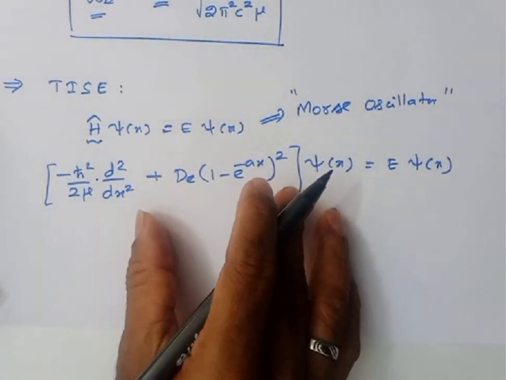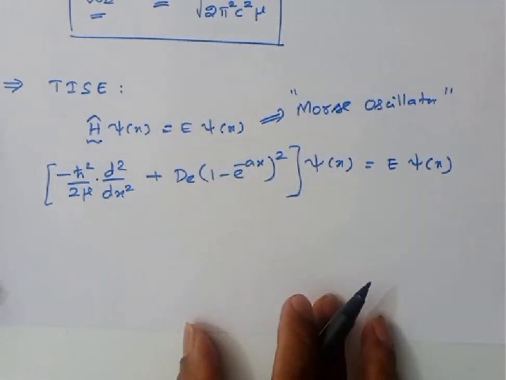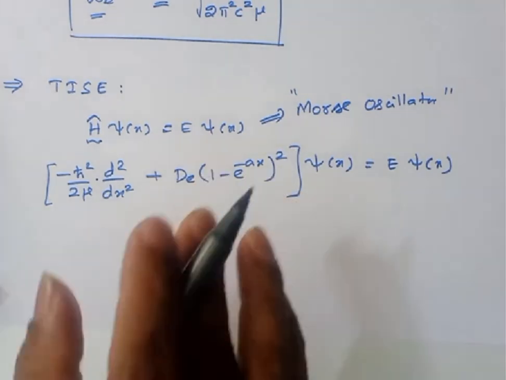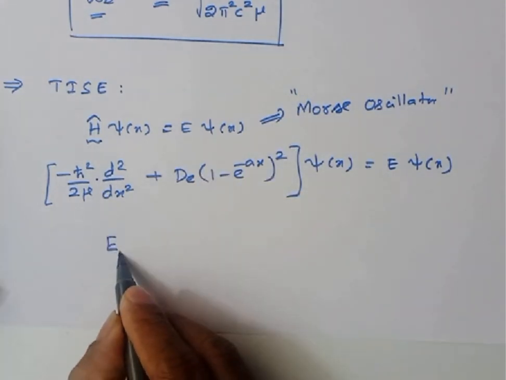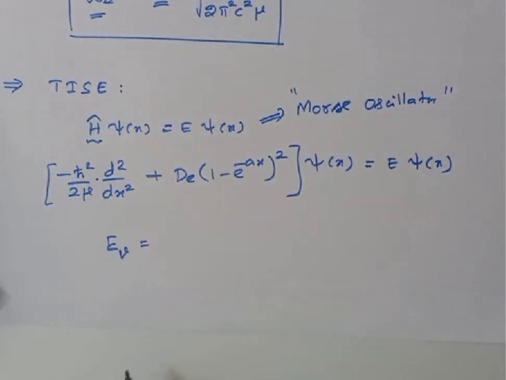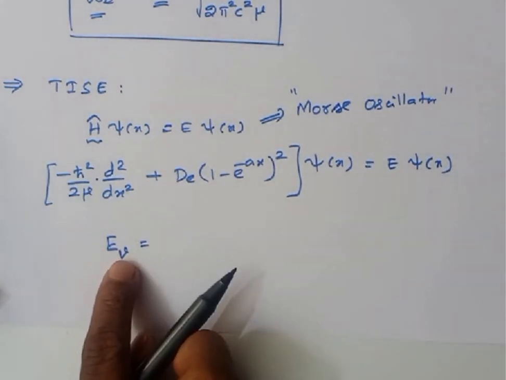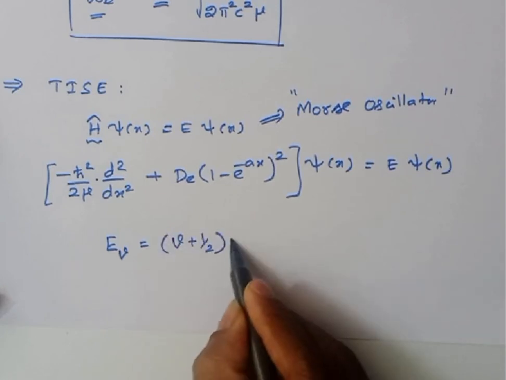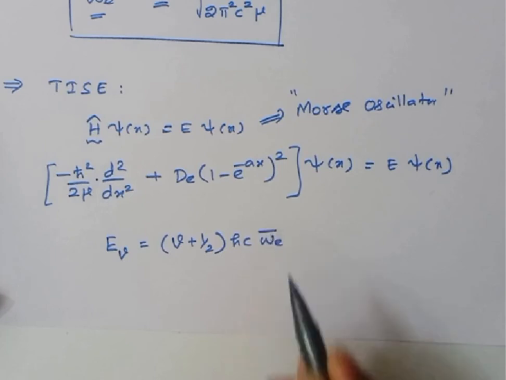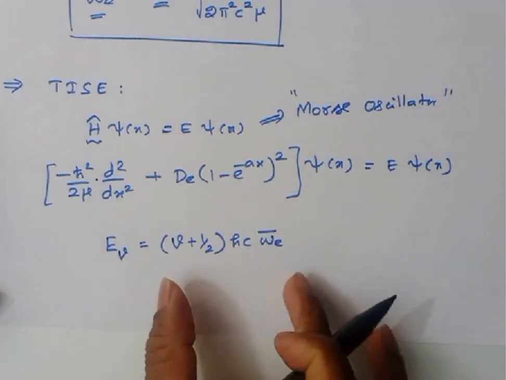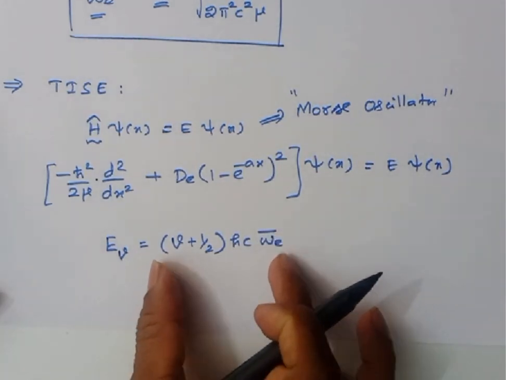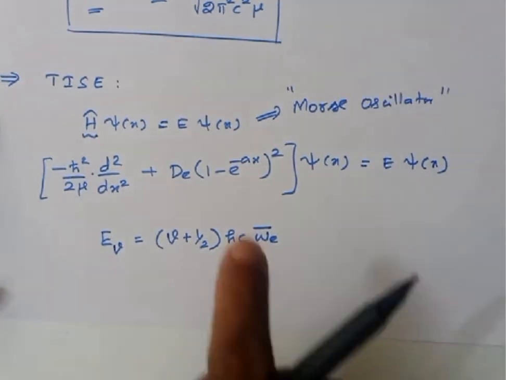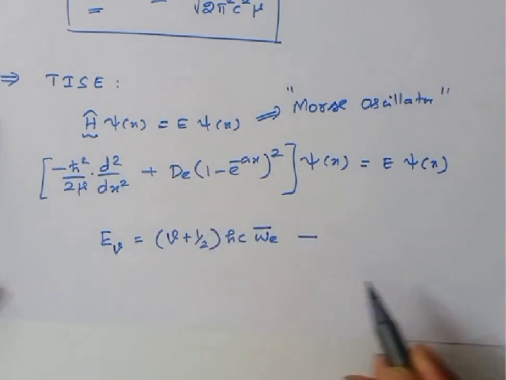This equation can be solved by using approximate methods, and we get the energy expression like this: E v, that is, energy depends on the vibrational quantum number v, which comes out as (v plus half) into hc omega e bar. This term you might have seen already; it is the vibrational energy for a simple harmonic oscillator. Now you'll have other terms.